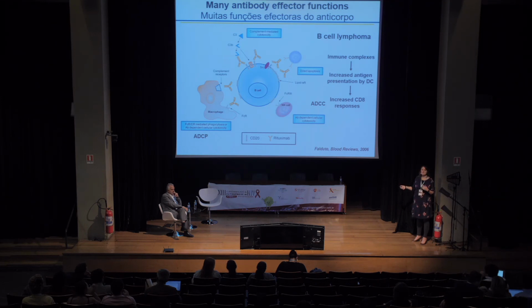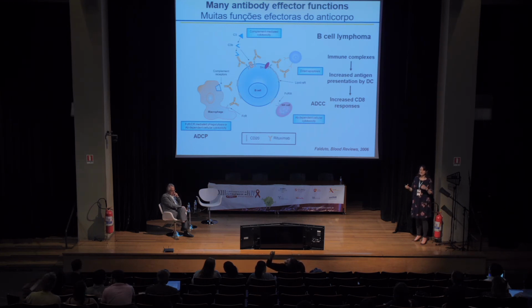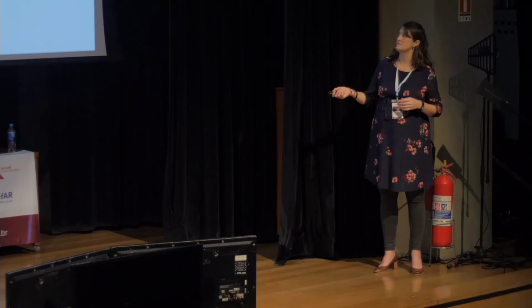And in fact, there have been some recent papers showing that there's incredible synergy when you use combination treatment, so including strategies that boost CD8s in combination with monoclonals are more effective in cancer treatment than using any single strategy by itself. And this is thought because when you tag a cell for opsonization with antibodies, it will increase presentation to dendritic cells, which will increase antigen presentation to CD8 cells. And so antibodies can serve as a bridge between different arms of the immune system.